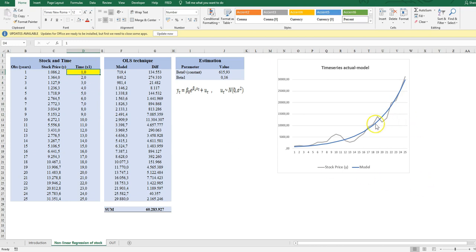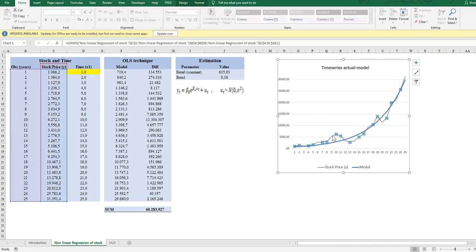And over here, just to start with a simple graphical description of the stock price evolution, you clearly see an exponential tendency, and the idea now is to identify the trend, the exponential trend. And this can be done by the non-linear regression technique.